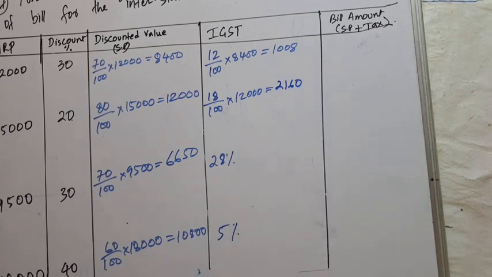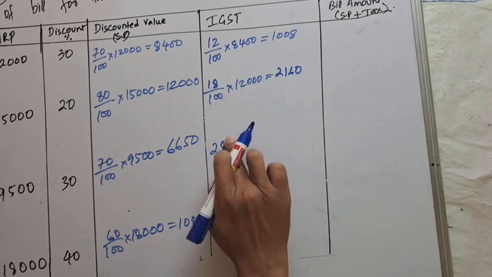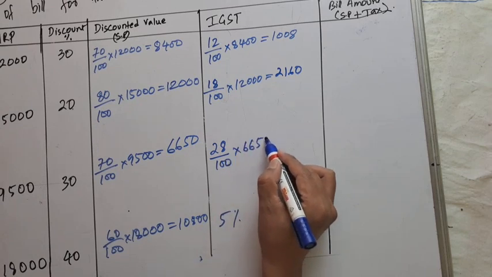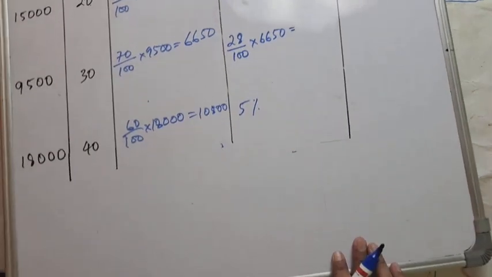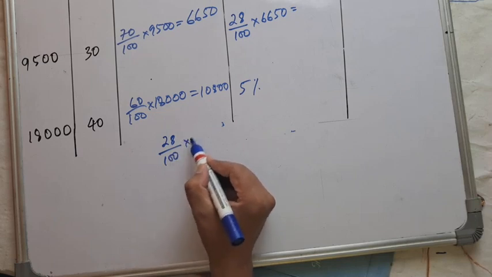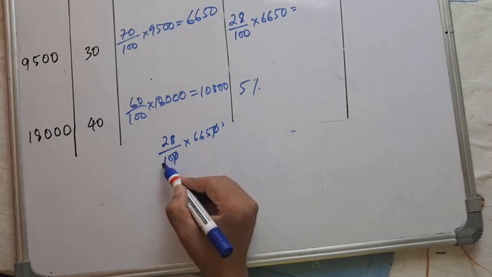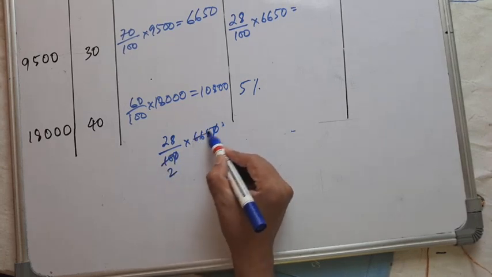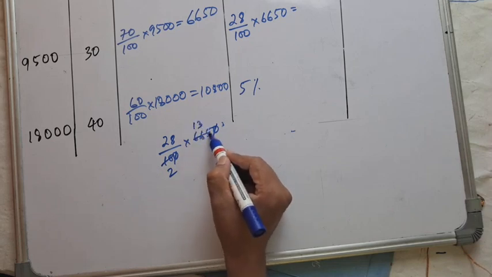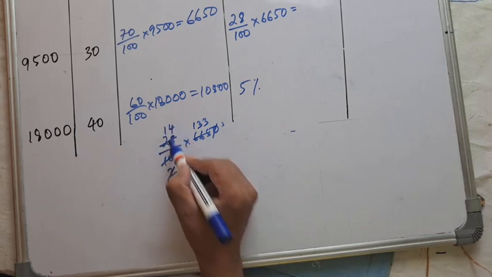Similarly, 28% of 6650. Let us calculate that also. 28% of 6650. So this 0 and this 0 we cancel out. 5 2s are 10, 5 13s are 65, 5 1s are 5, 5 3s are 15. 2 1s are 2, 2 14s are 28.